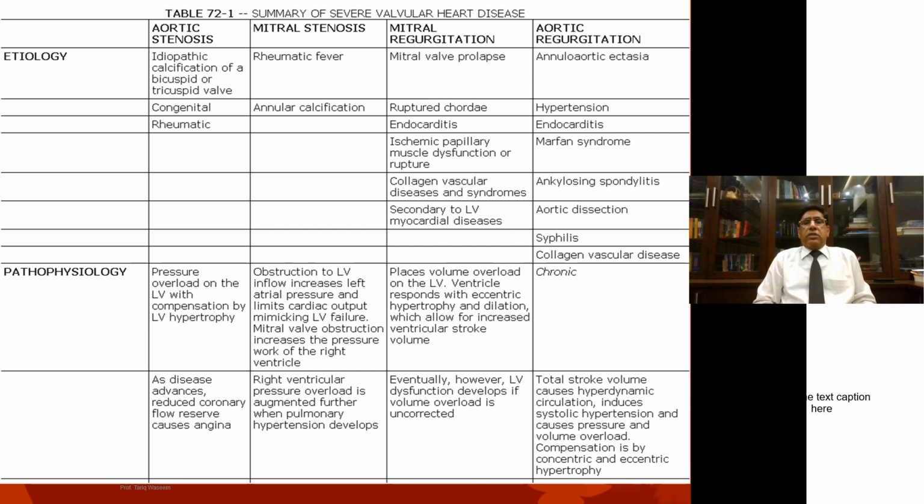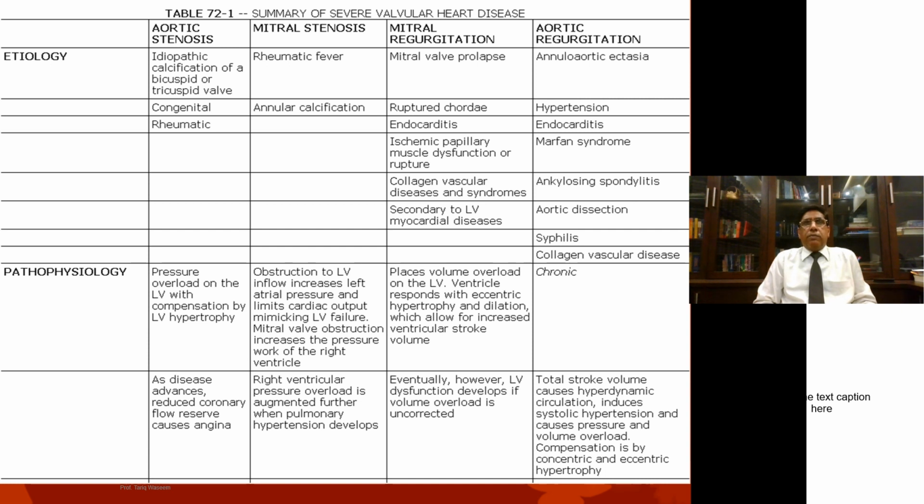In mitral stenosis, the obstruction to left ventricular inflow during diastole, from the left atrium to the left ventricle, puts pressure onto the left atrium first. There is less blood flowing to the left ventricle, so cardiac output understandably is reduced, and the mitral valve obstruction increases back pressure into the pulmonary venous circulation, which then leads on to pulmonary arterial vasoconstriction.